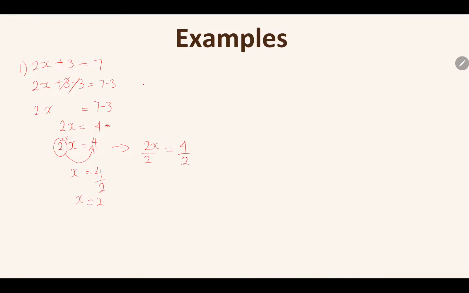So to get the x by itself, you divide both sides of the equation by 2. So the 2's get cancelled out, and that gives you x by itself, which equals 4 divided by 2. And what's 4 divided by 2? Equals 2.